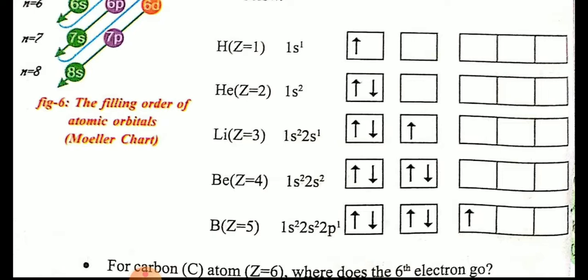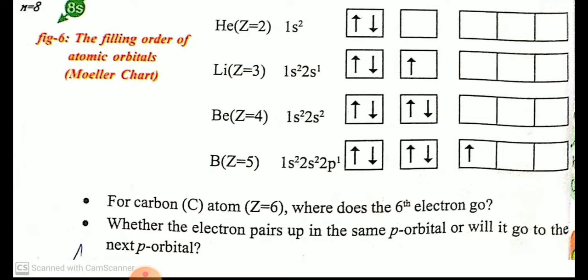But in boron, the fifth electron should go into the p subshell. In that p subshell, there are 3 orbitals, 2px, 2py, 2pz. So the electron enters into one of these 3. That's why we write 1s2, 2s2, 2p1 or 1s2, 2s2, 2px1.